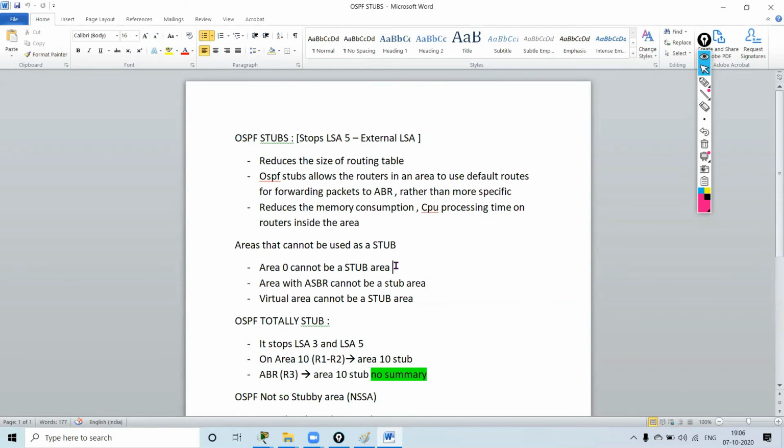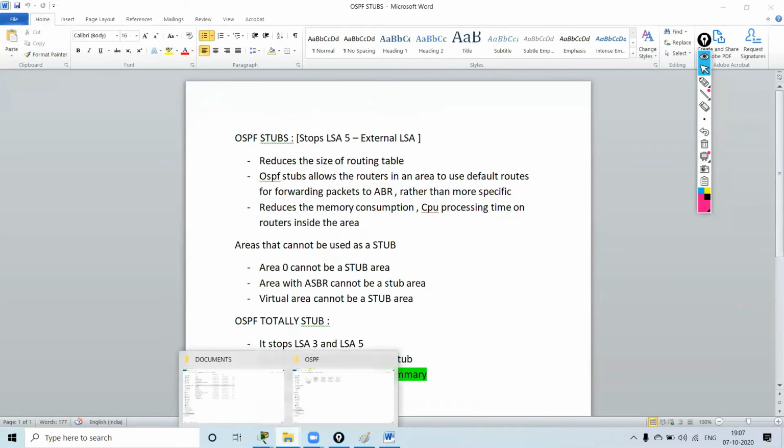OIA is LSA type 3, right? Yes. And you said it stops LSA 5. It will stop LSA type 5, the external LSAs. Whatever external routes are coming, it will just advertise whatever OIA routes have been shared. Let me open the LSA file over there.